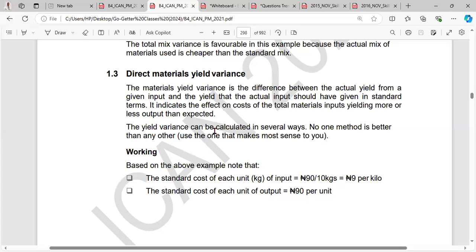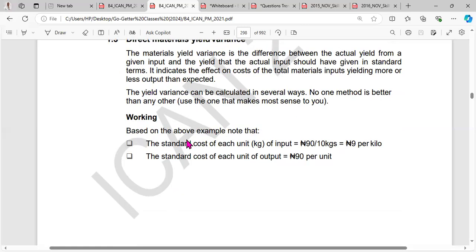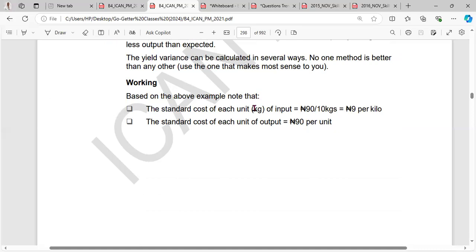Okay, they say based on the above illustration, standard cost of each unit of output is 90 naira per 10 kilogram. Let's see what they are saying.